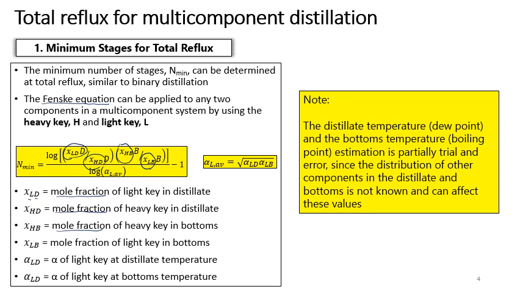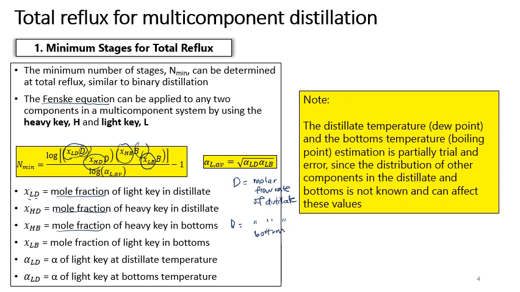And also the D and the B. D is the molar flow rate of the distillate, and B is the molar flow rate of the bottom product.